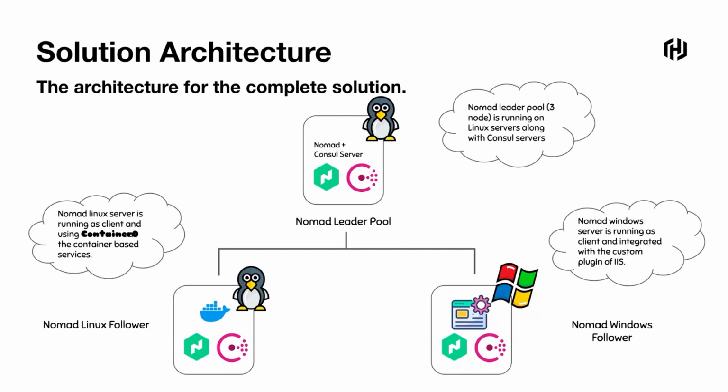A single orchestration engine was able to support both use cases: running the .NET based applications, which are completely restricted to Windows, and running the Dockerized applications on the Linux followers as well. That is the solution architecture we came up with using the Nomad orchestration engine.